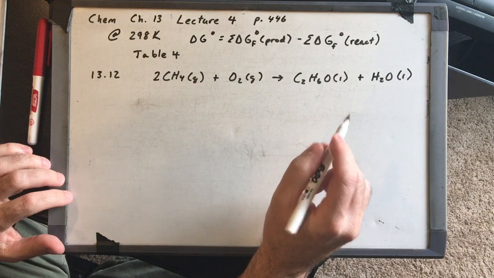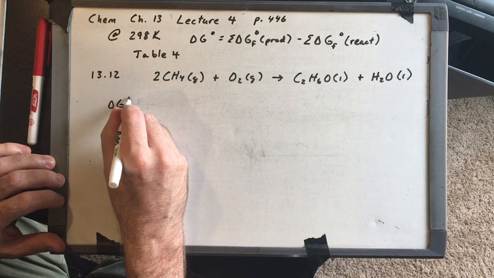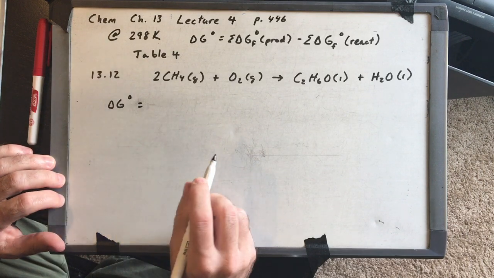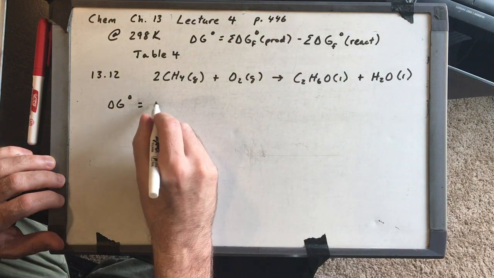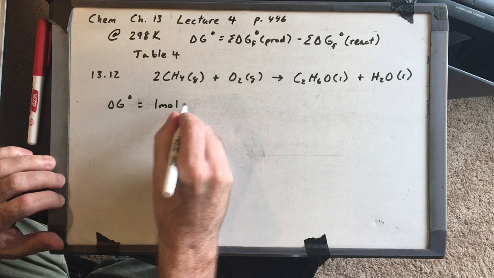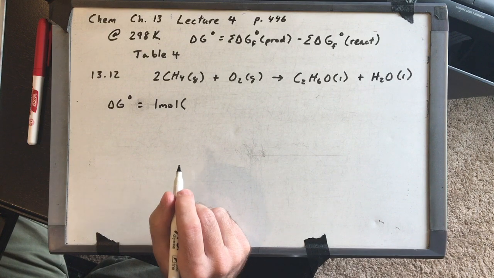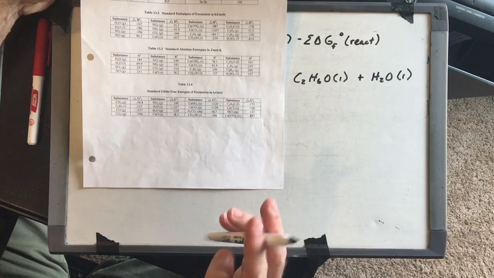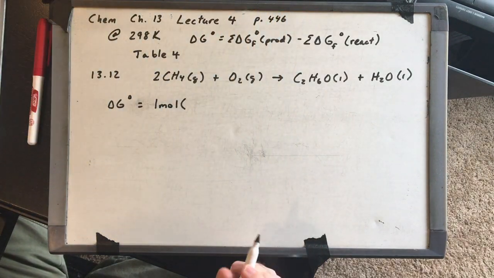It's already balanced for us, so let's figure out delta G from the table. Again we're doing products minus reactants. I've got 1 mole of C2H6O liquid. Looking at our table, that is right there, and it's negative 175 kilojoules per mole.